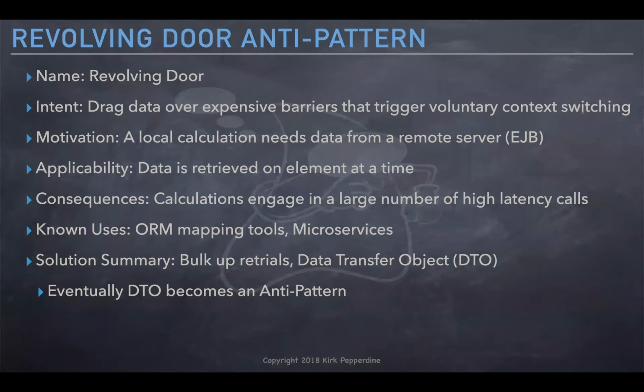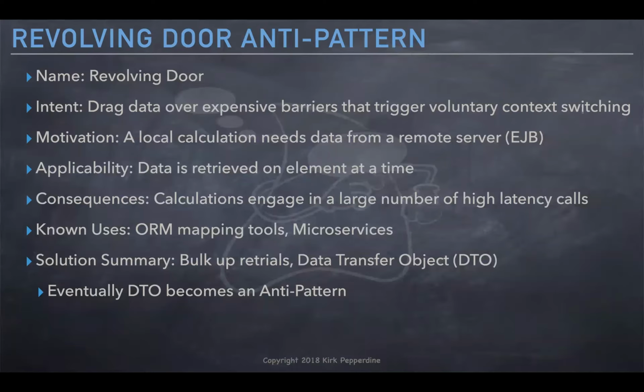Right. Known uses. ORM mapping tools will accidentally use this, especially if they're trying to do joins in the client as opposed to performing the join in the database. And as it turns out, microservices are prone to this particular design anti-pattern.